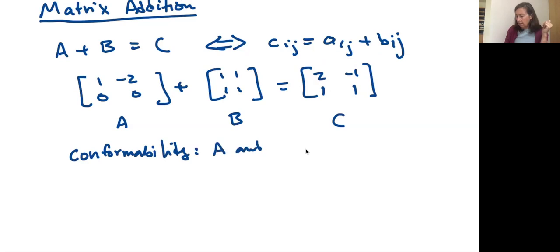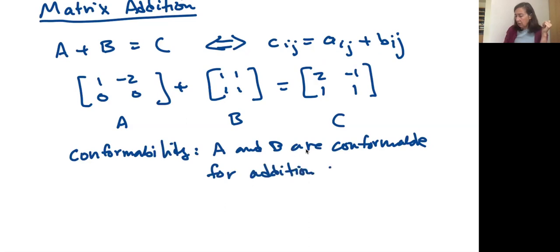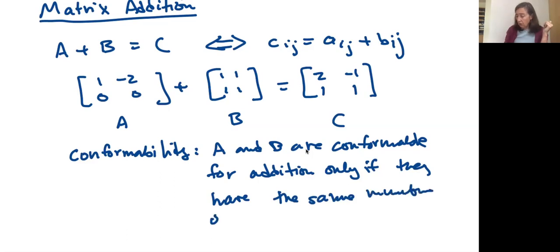A and B are conformable for addition only if they have the same number of rows and the same number of columns.